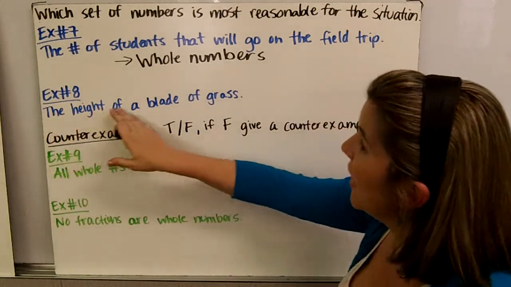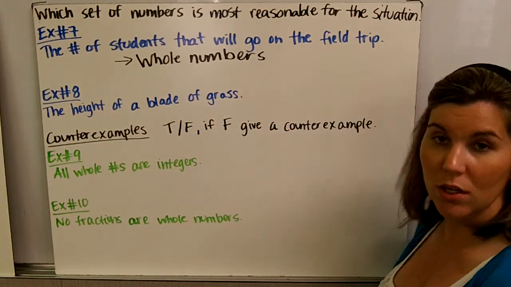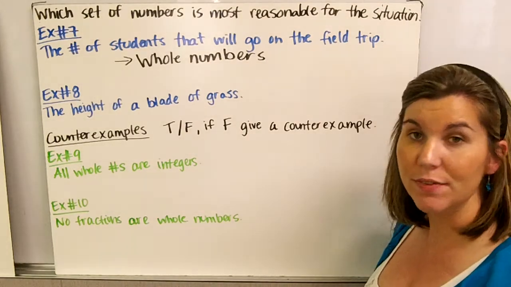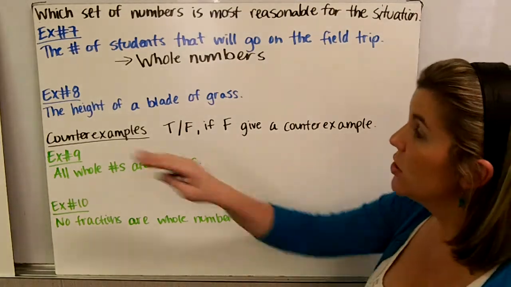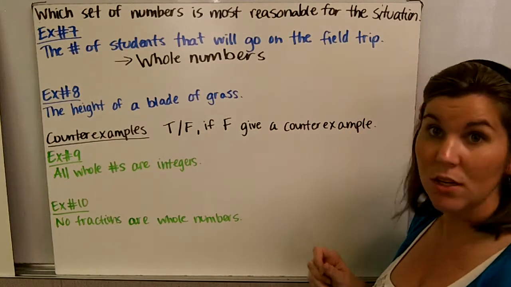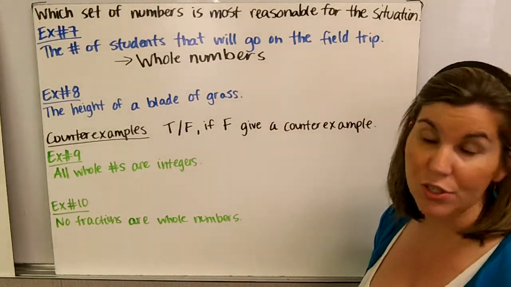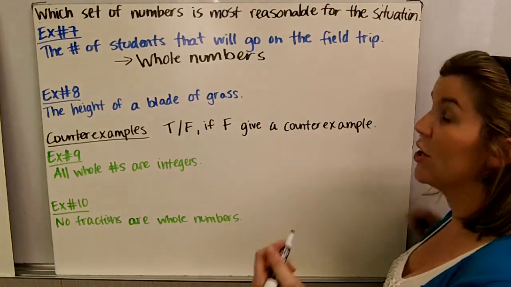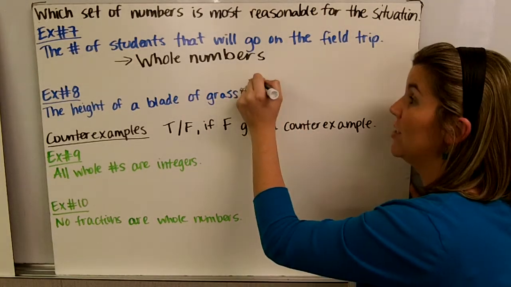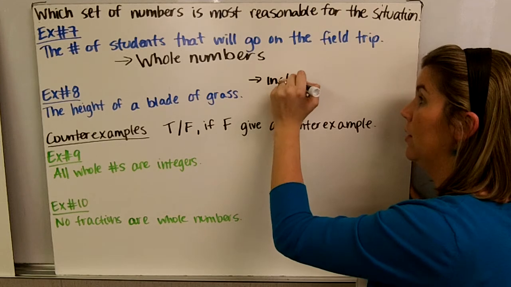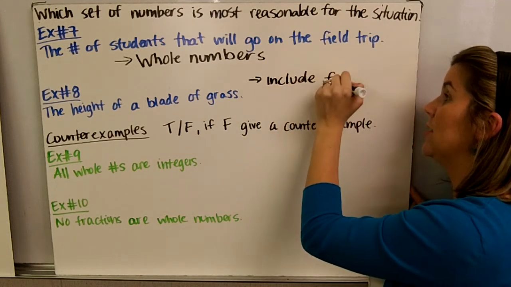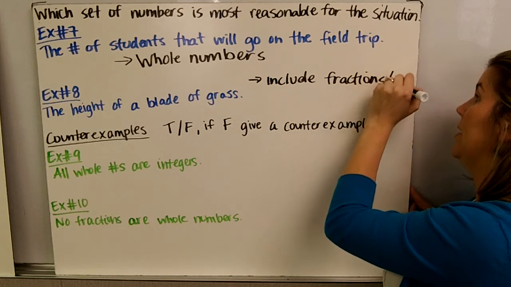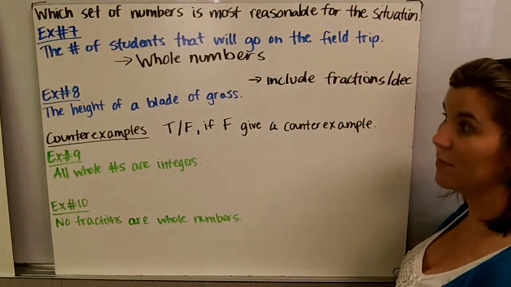Example number 8, the height of a blade of grass. Well, every piece of grass is different, and they all grow at different rates and different sizes. So the height of a blade of grass doesn't have to be 1 inch or 2 inches or 4 centimeters. It could be a portion of it. It could include fractions and decimals. And I'm going to abbreviate this.